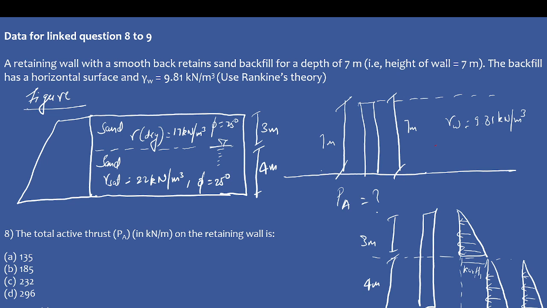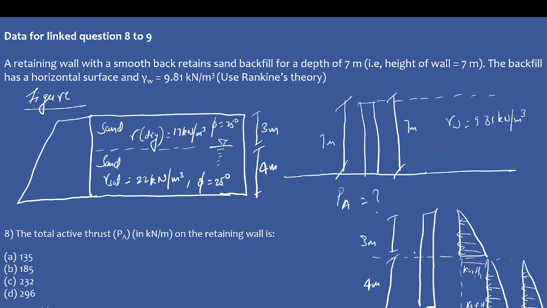Sorry, this is your K gamma 2 s2, and this is your K gamma 1 h1, and then this one will be your gamma w s2. So that is the particular thing.